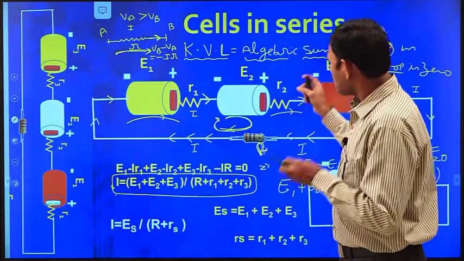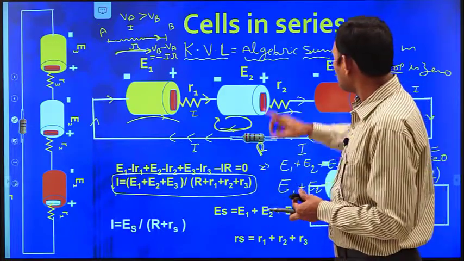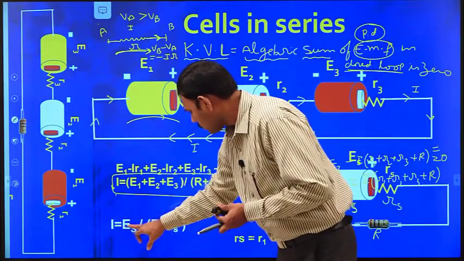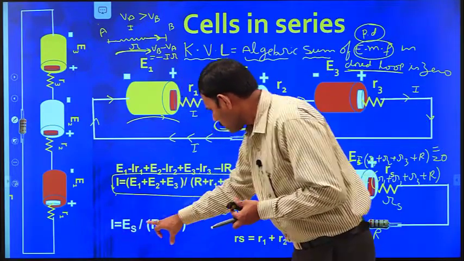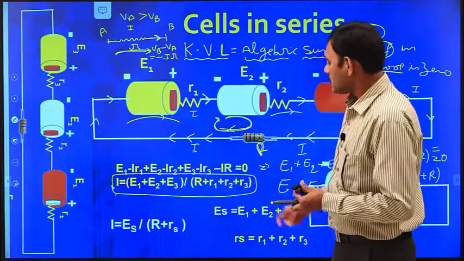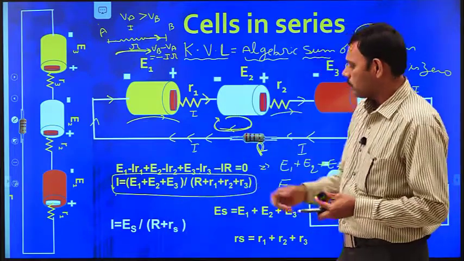If any number of cells are connected in series and then connected to an external resistor, the current through the network is I is equal to the effective EMF of the series combination by the external resistance plus the effective resistance of the series combination. This is the ultimate expression.